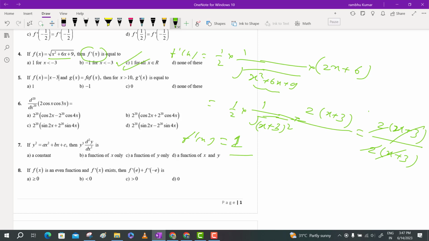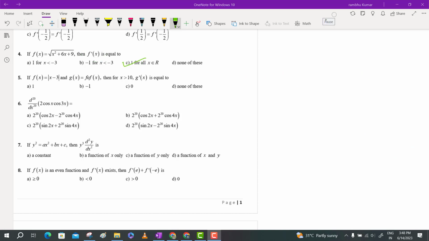Now let's move to the fifth question. In this question, question number 5, you have to apply some composite function rule. Okay. So first of all, let's find g of x. Here f of x is given to you equal to mod x minus 3. Now g of x is nothing but f of f of x.